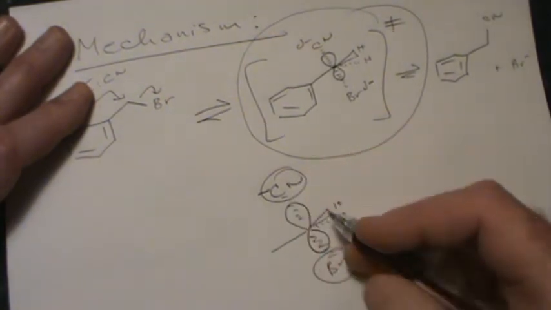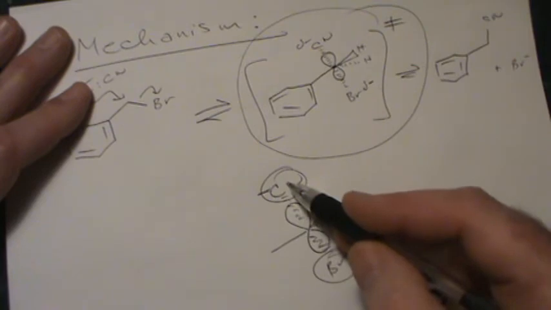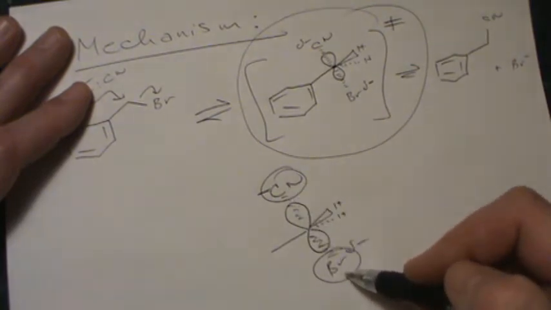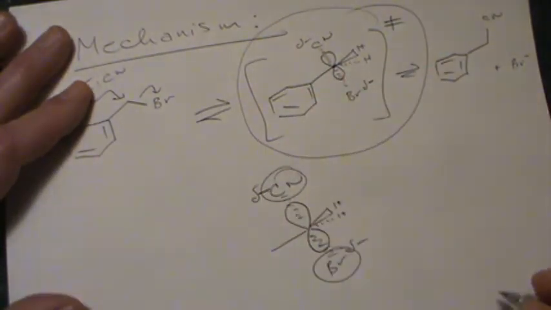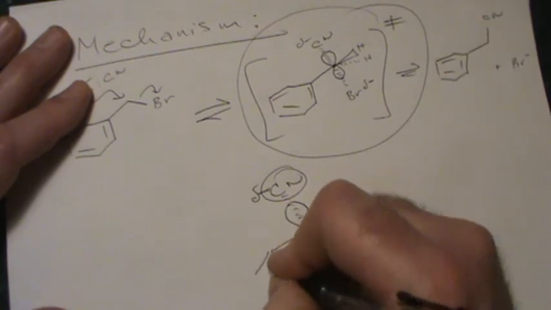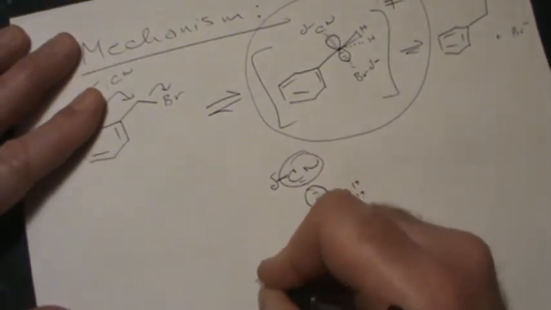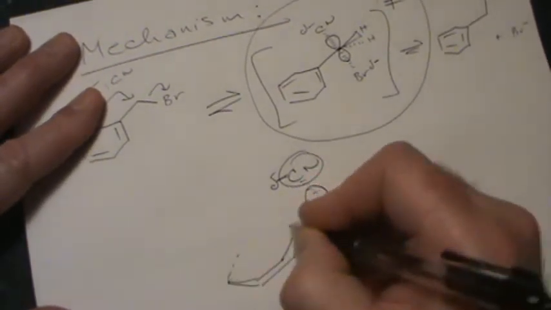And there's that p orbital simultaneously trying to grab on to the nucleophile while holding on to the leaving group as it departs. And now that benzene ring I'm going to turn on its side as I indicated.